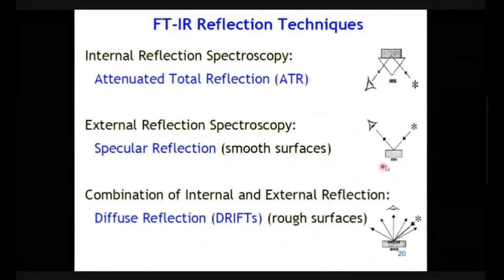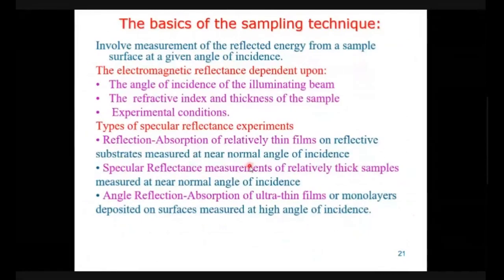ERS stands for external reflection surface. And there is something called as DRS, that is diffused reflection surface. So in diffuse reflection surface, light when incident on the surface, it gets scattered in all the directions. Basically, these surfaces are rough in appearance. Now, all these three are sampling technique only.